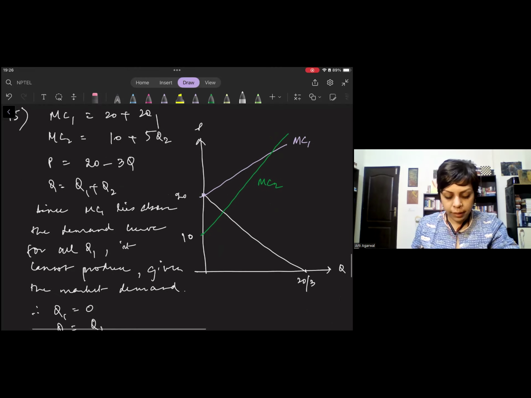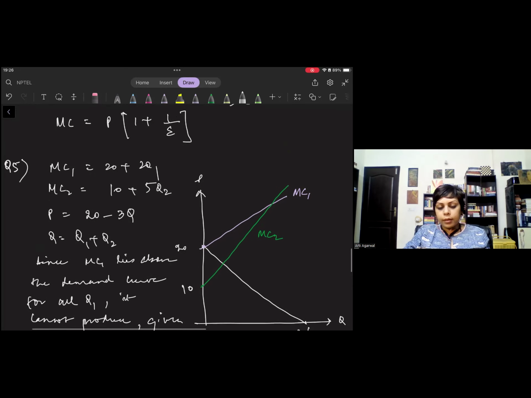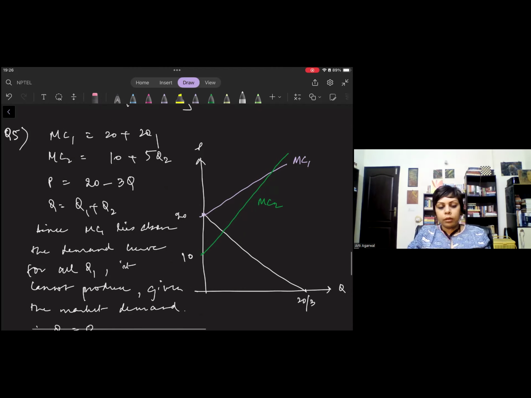Now, in this case it so happened that we had only one of the factories operational, but the general approach is that whenever you have two plants and one firm, you take the marginal cost of one equal to marginal cost of two, because that is the only condition in which it can operate.